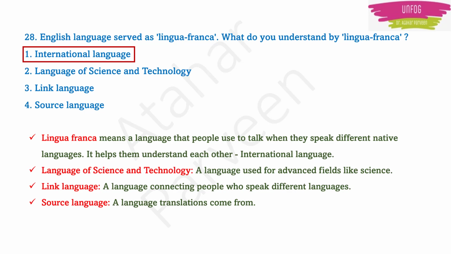Then what about the other three options? Language of science and technology. So language of science and technology is used for advanced fields like science. For example, if I present a research paper in a conference, my language will be English only, but the words will not be very common words which a common man can understand.